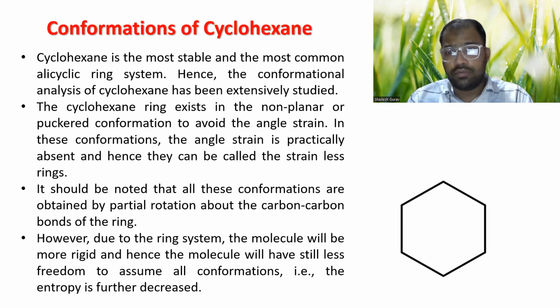But just removing the double bonds will make it non-planar, and all six carbon atoms will not lie in one plane. So that's why it is said that the ring will exist in non-planar conformations. It will not have a single structure, it will acquire different structures, and those are considered as conformations. We will see that one by one.